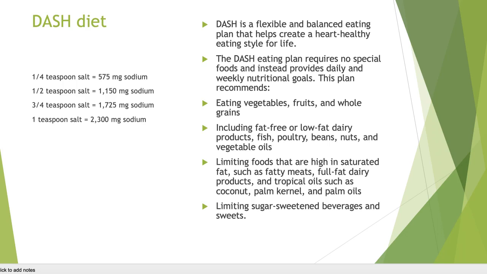It includes eating fresh fruits and vegetables and whole grains, including fat-free or low-fat dairy products, increasing fish, poultry, beans, nuts, and vegetable oils. You want to limit foods that are high in saturated fats, such as fatty meats, full-fat dairy products, and tropical oils, such as coconut, palm, and palm kernel oils, and limit sugar-sweetened beverages and sweets.